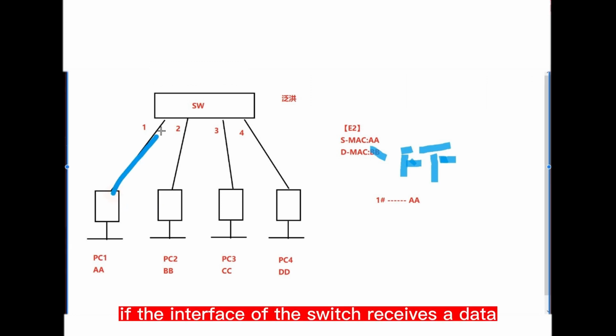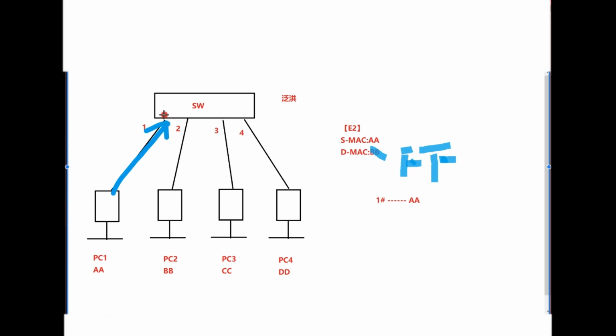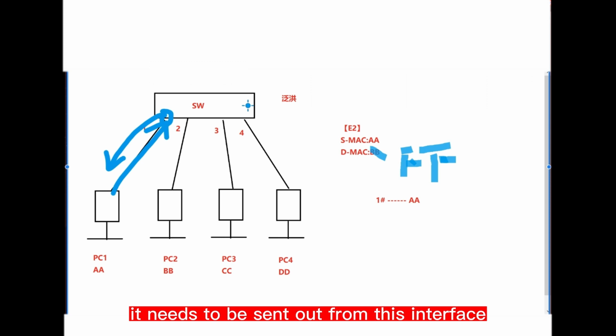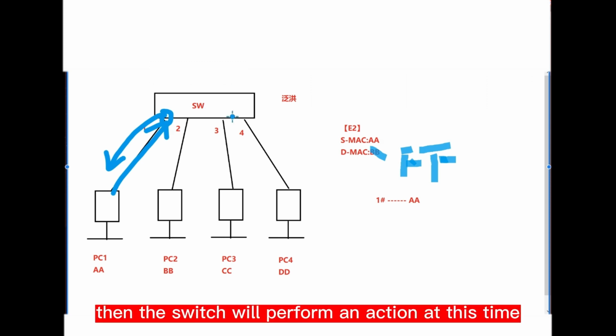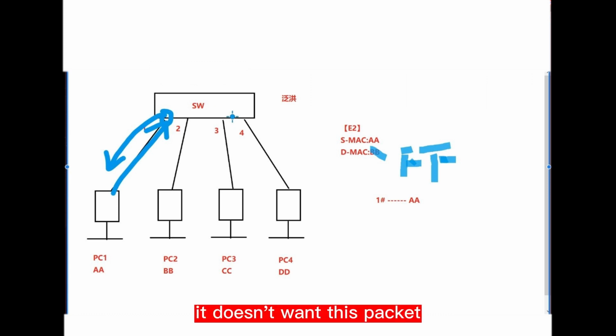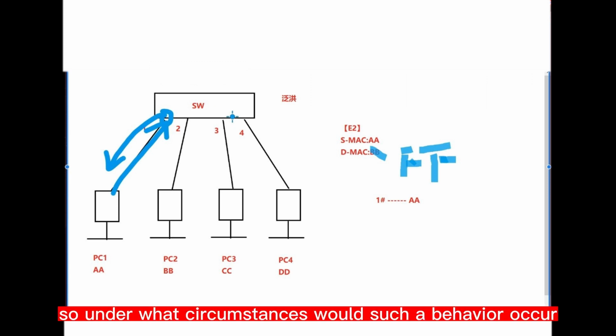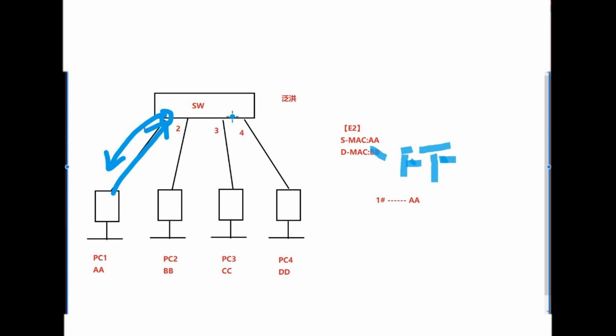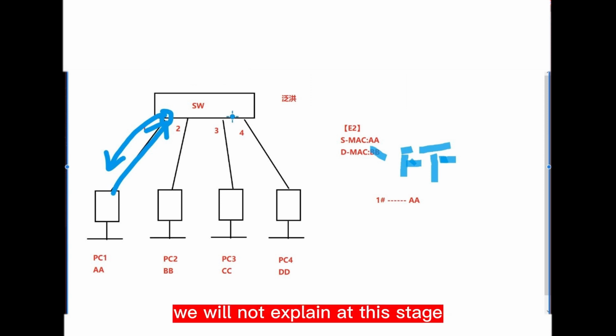If the interface of the switch receives data and finds that this data needs to be sent out from this same interface, then the switch performs an action called discarding. It doesn't want this packet. Under what circumstances would such behavior occur? We will not explain at this stage.